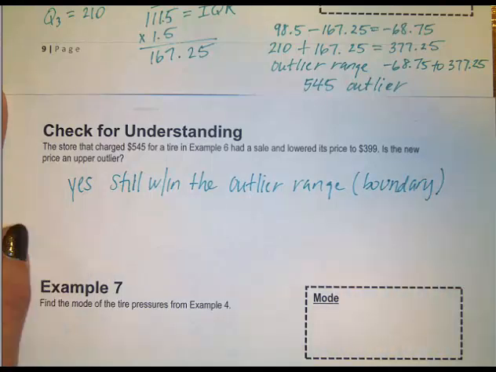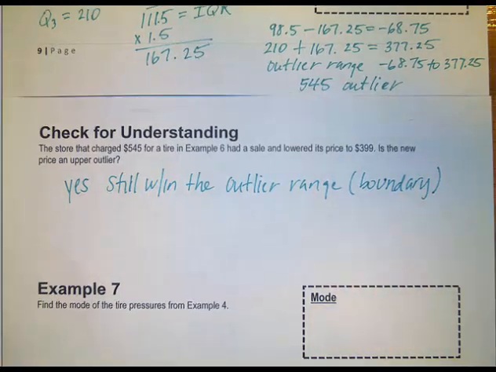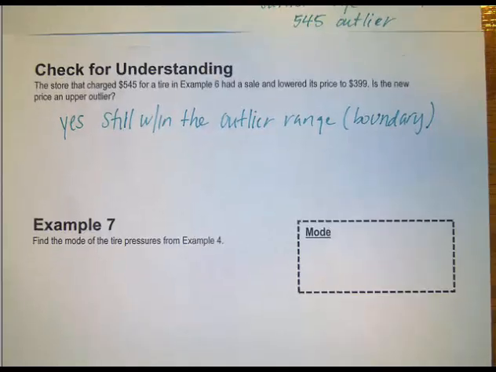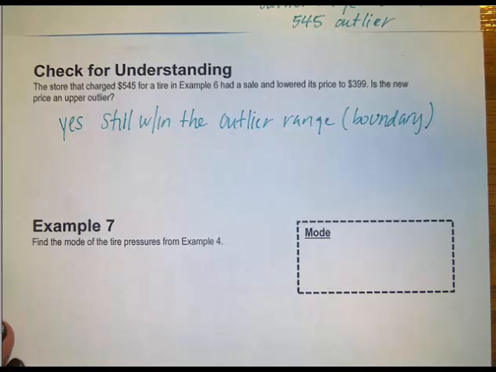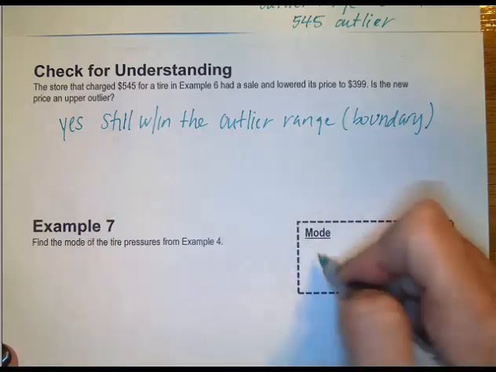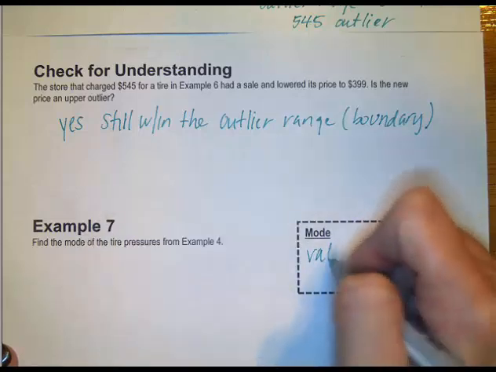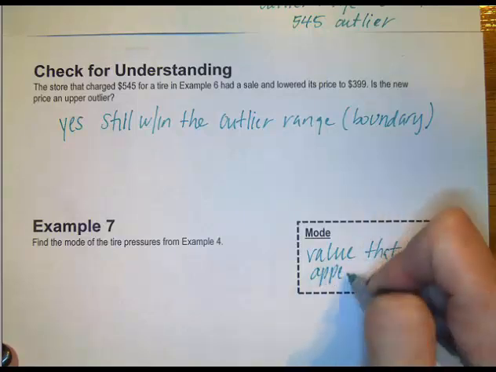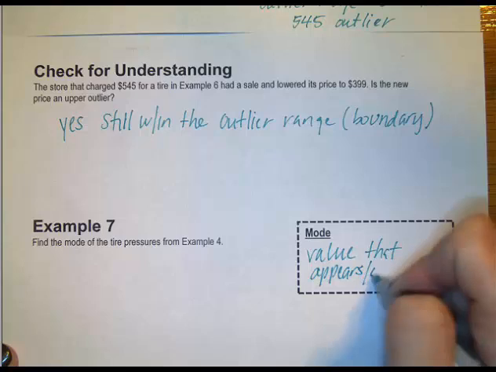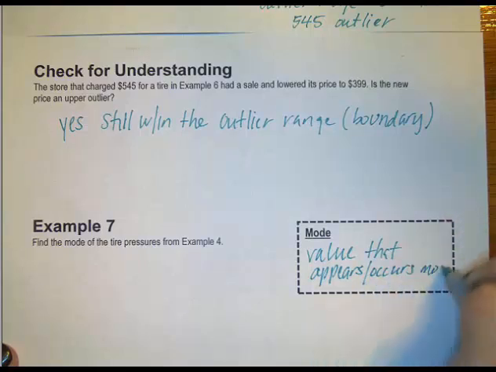Alright, so now, oh my goodness, we have to go back. They want us to find the mode of the tire pressure in example 4. So the mode, what does mode mean? It's the value that appears, I guess, or we want to say occurs most often.